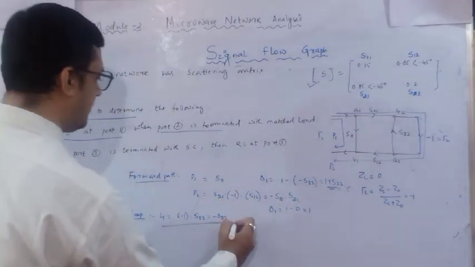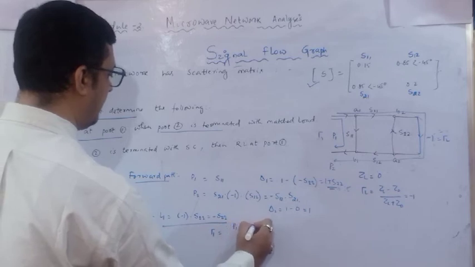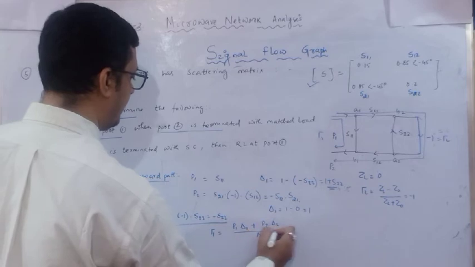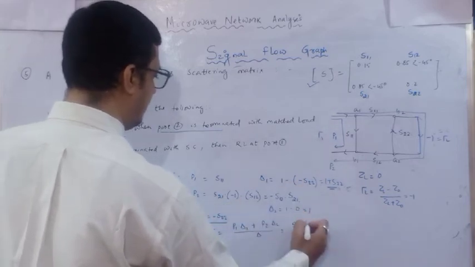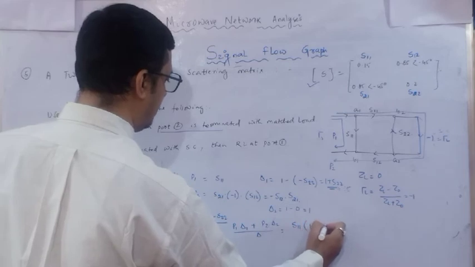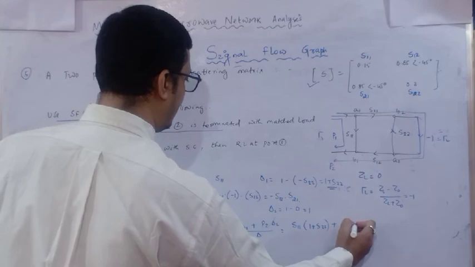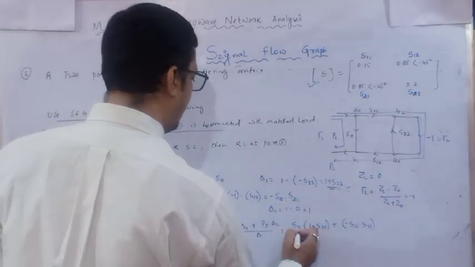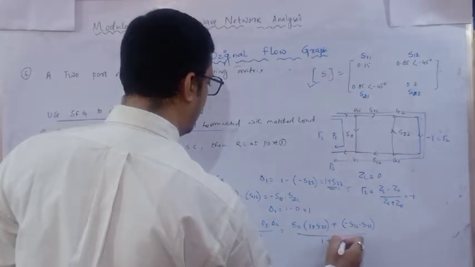So what will I substitute? Eta 1 is equal to P1 del 1 plus P2 del 2, divided by del. P1 is S11, del 1 is 1 plus S22, and P2 is minus S12 S21, del 2 is 1, divided by 1 plus S22.